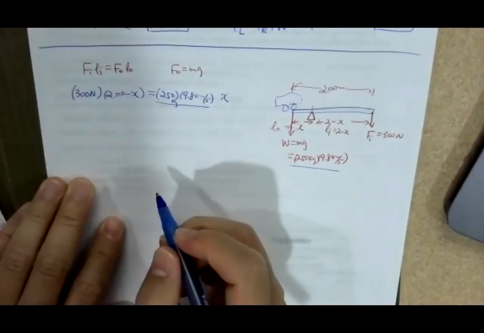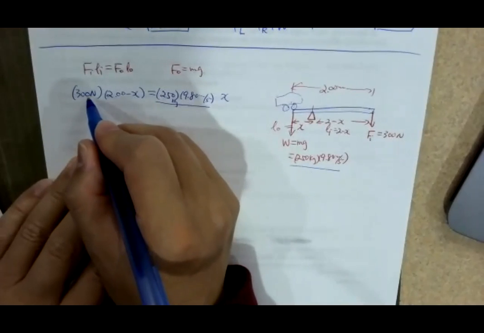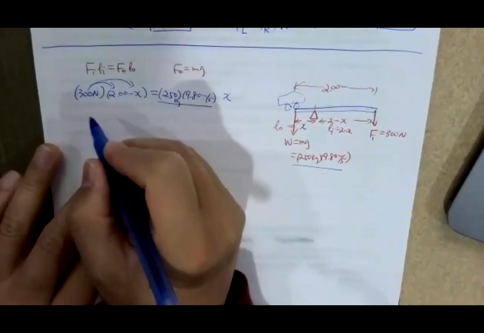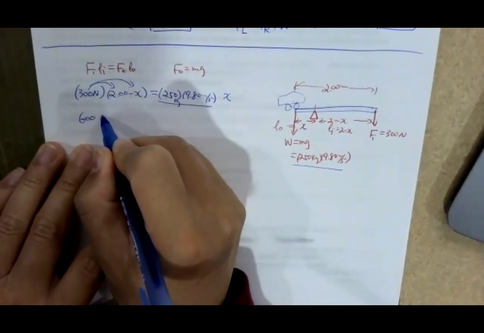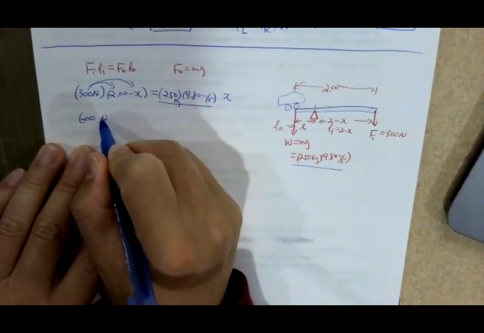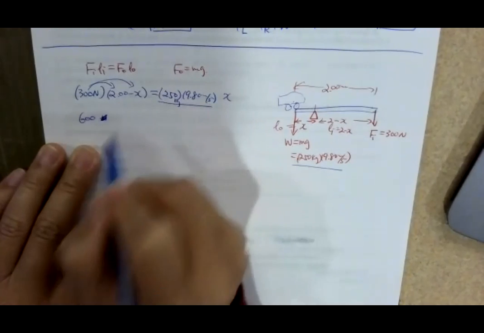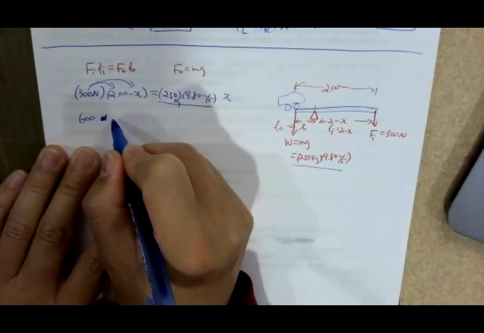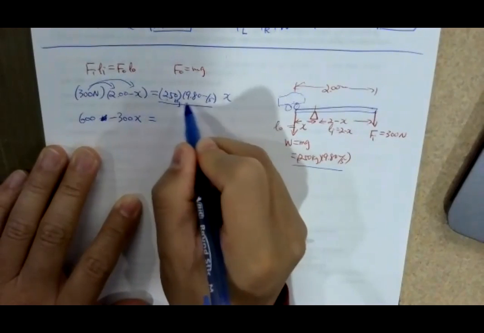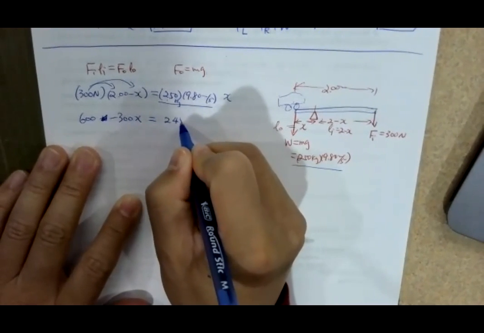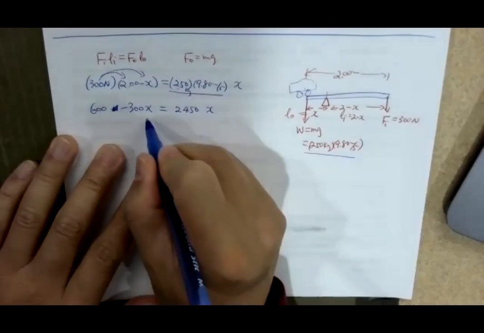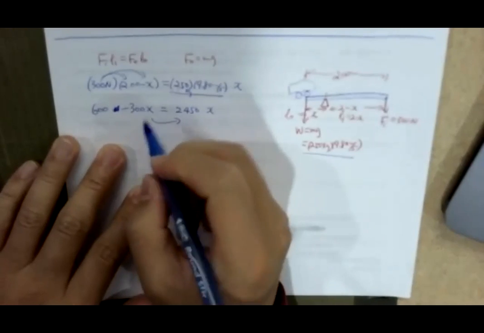So then you want to distribute 300 into the two terms in the parentheses. So 600, this should be in the unit of meters. Let me just leave out the units because I know everything is in SI units. So 600 minus 300x equals, this guy multiplied by that guy, that gives you 2450 times x.